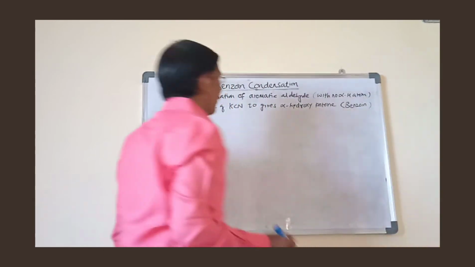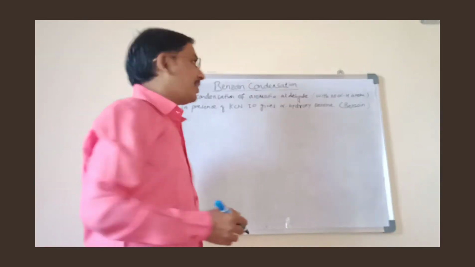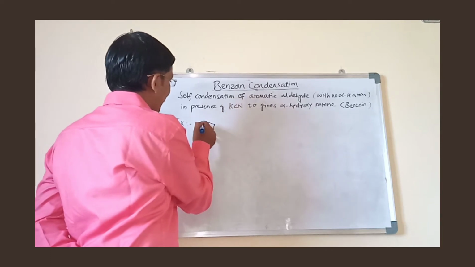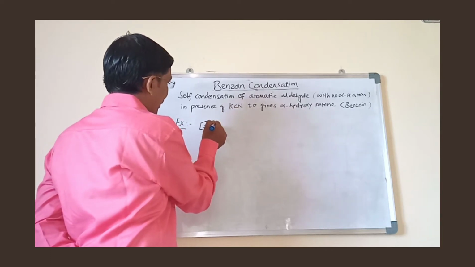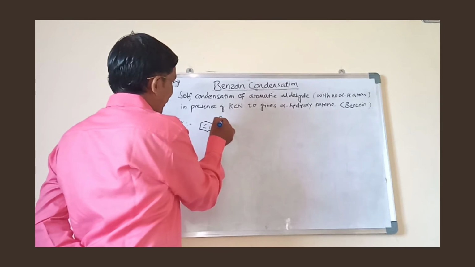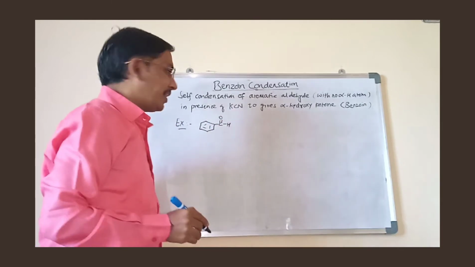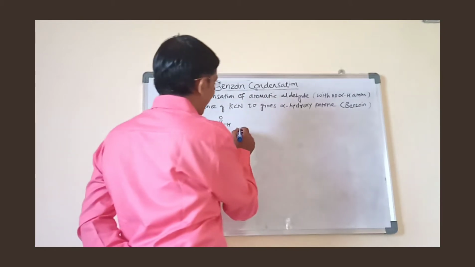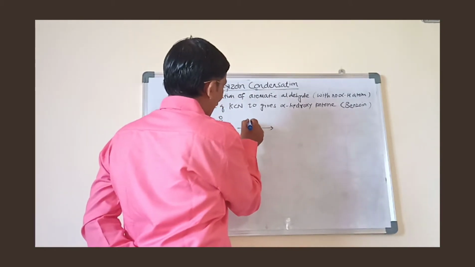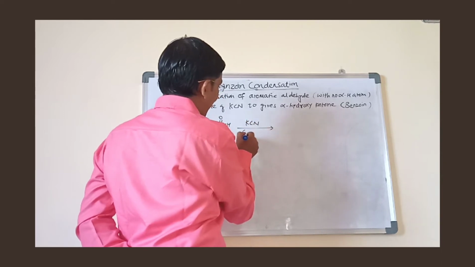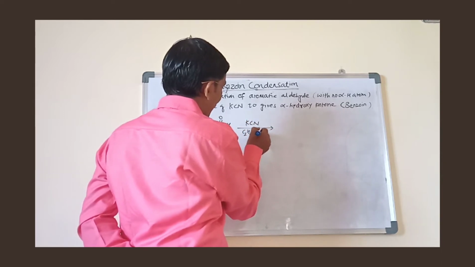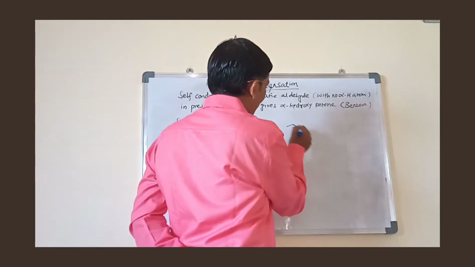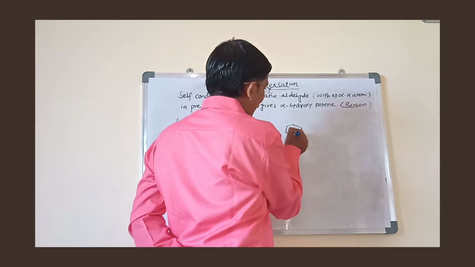Okay, now we'll see the particular example. Aromatic aldehyde, that is benzaldehyde, is treated with cyanide, that is two molecules of aromatic aldehyde benzaldehyde in presence of cyanide and ethanol, gives rise to alpha hydroxyketone.